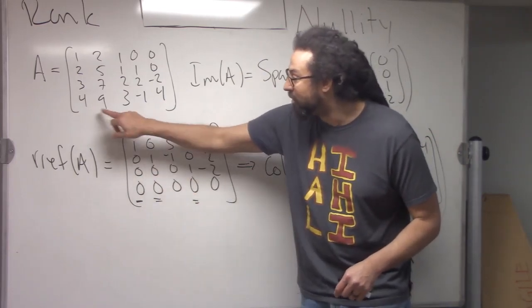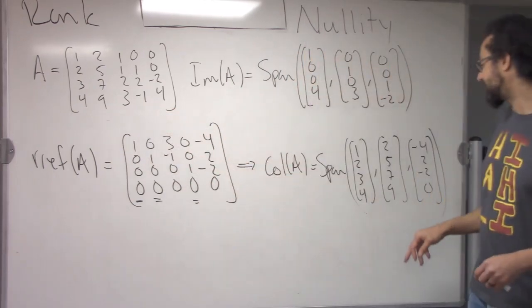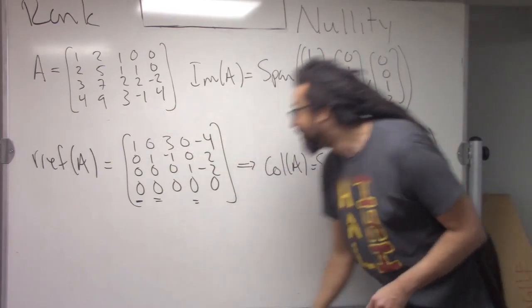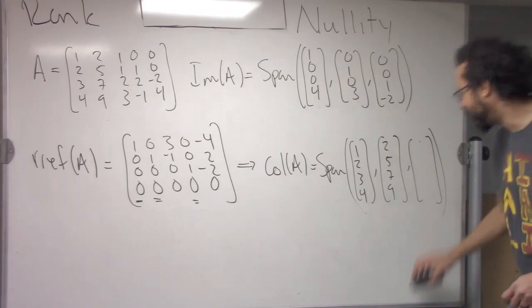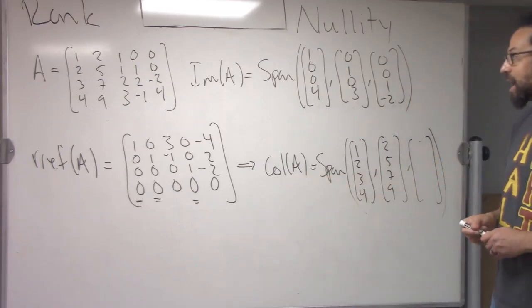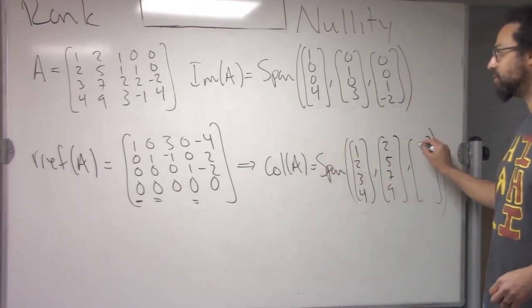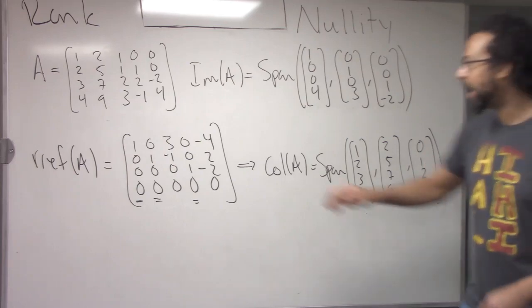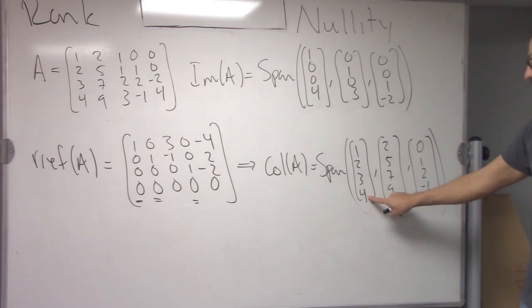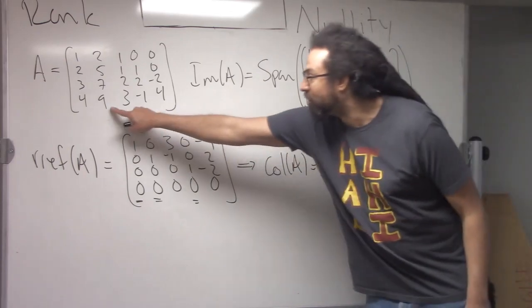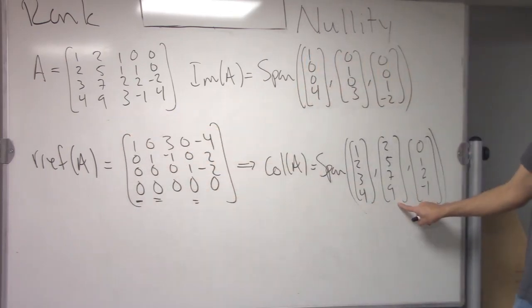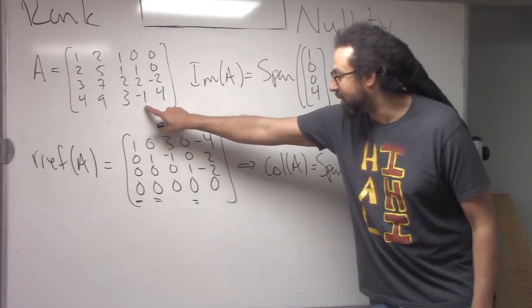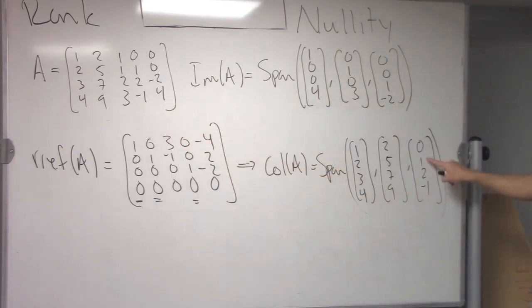Columns 1, 2, and 4 are going to give us the column space. So column 1 is (1, 2, 3, 4), and then column 2 is (2, 5, 7, 9). And then column 4, the last pivot column, is (0, 1, 2, -1).